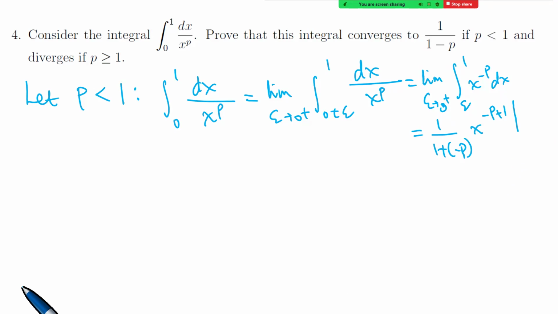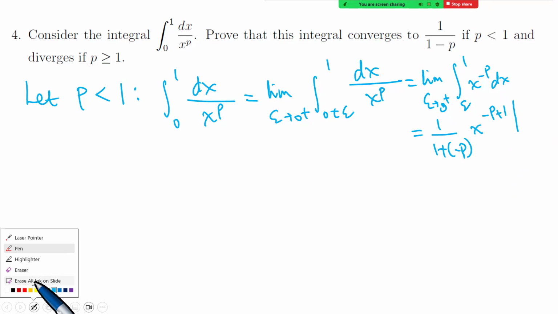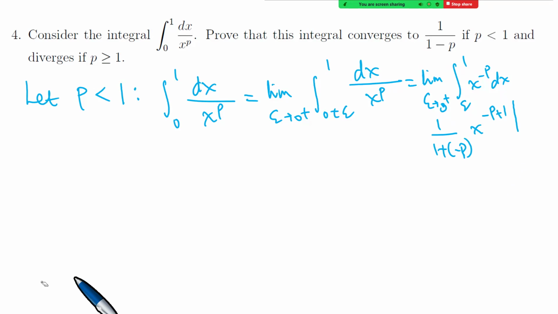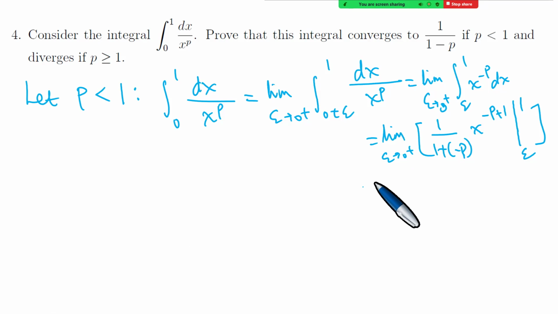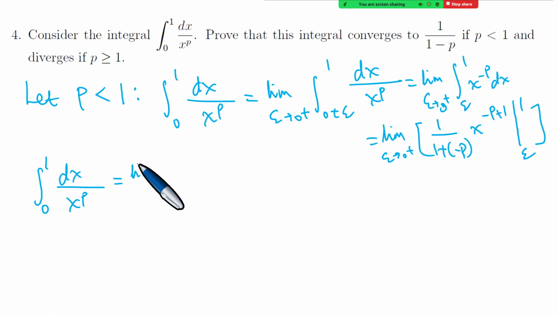We have the limit and we take everything into account. So we have the limit, which is dx over, which is the limit.